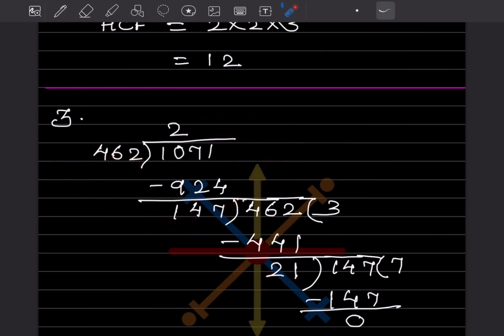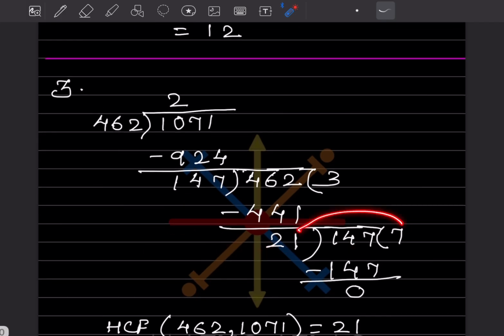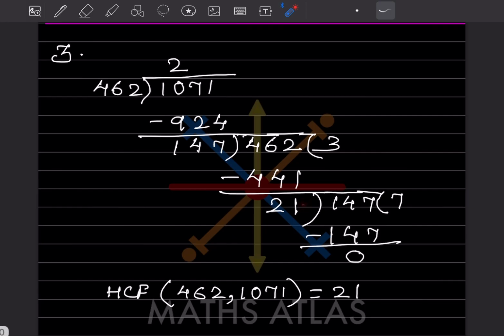So next it will be 147 divided by 21. 21 sevens are 147. Till we get the remainder 0, we have to keep on dividing. Now you have to see the last divisor. Here you got 0, so you stop at this stage. The last divisor is 21. So we can say HCF of 462 and 1071 is 21.